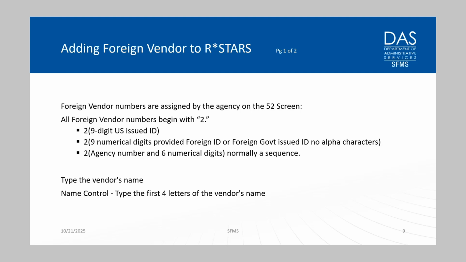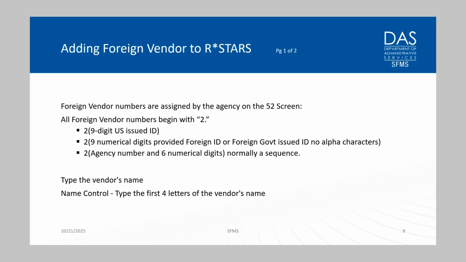Basically, the hierarchy of how we want you to create these vendor numbers is a 2 plus the 9-digit US issued ID, so 2, 9, 8, 1, 2, 3, 4, 5, 2. The first digit is 2, and then the 9 numerical digits provided by foreign ID or government issued ID with no alpha characters.